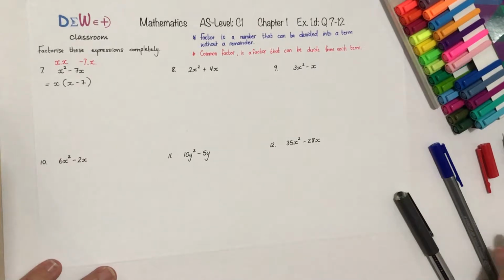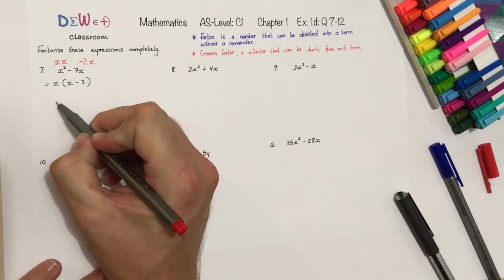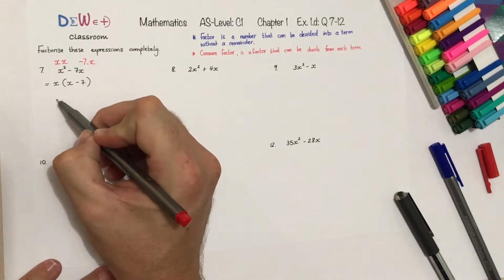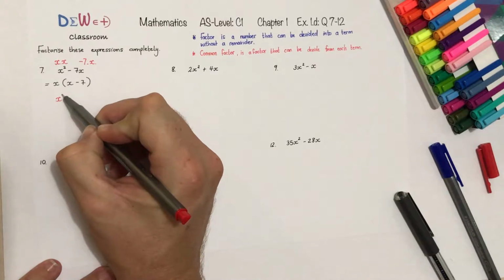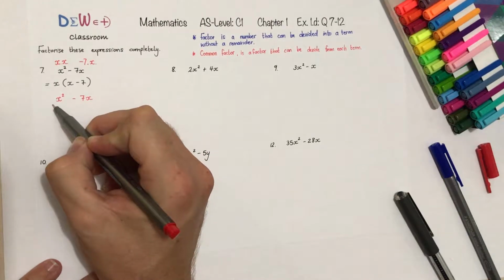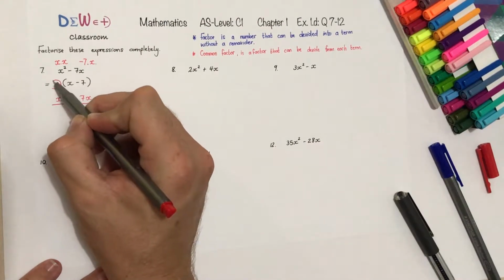But please bear in mind that when we do this type of problem, it is actually a division and an application of your laws of indices, because it is x squared minus 7x. We are effectively dividing each term by the common factor that we have taken out.